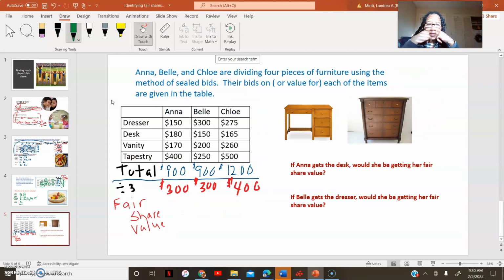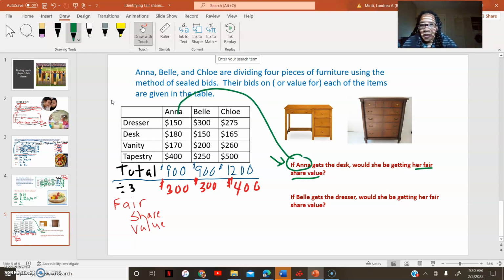And then maybe our last example here. So I'm asking you a different question here, but very similar. If Anna gets the desk, would she be getting her fair share value? Well, let's look up here and see how Anna values the desk. She values the desk at $150, but her fair share value is $300.